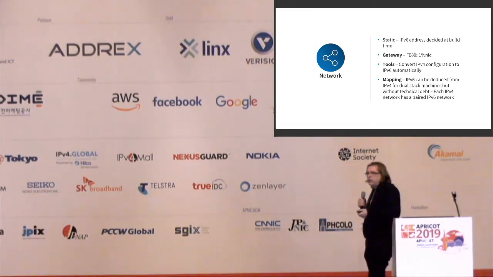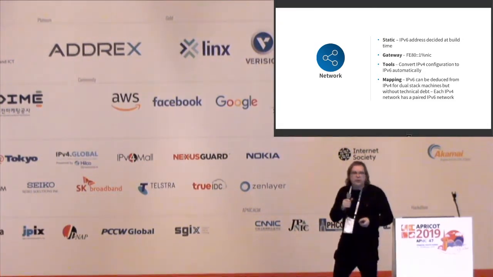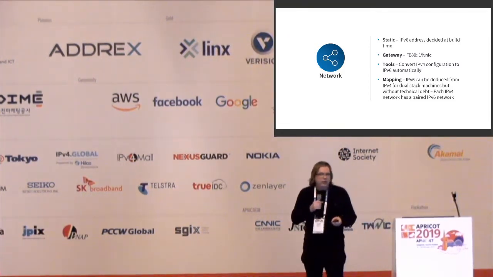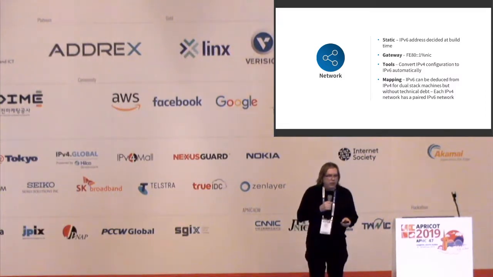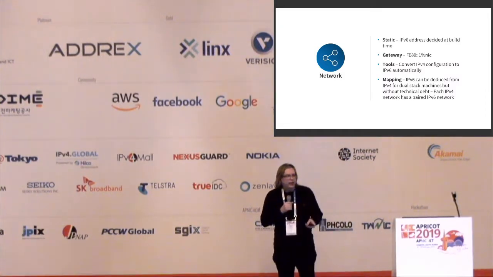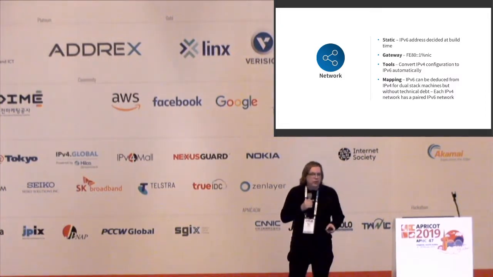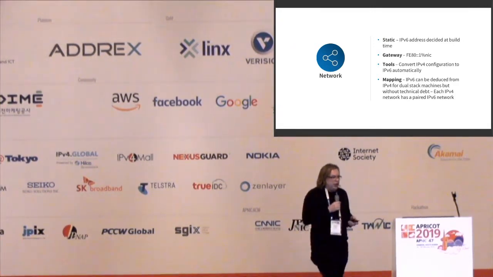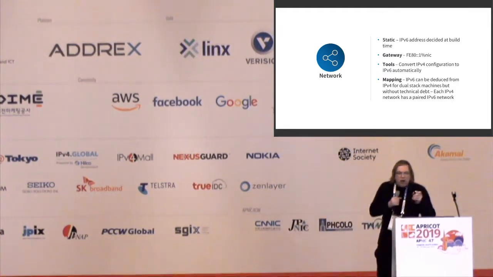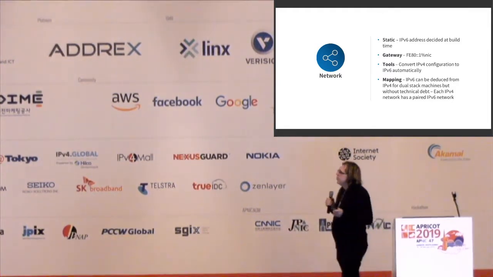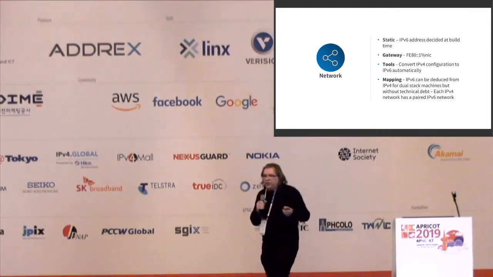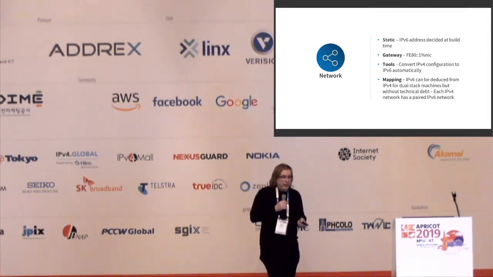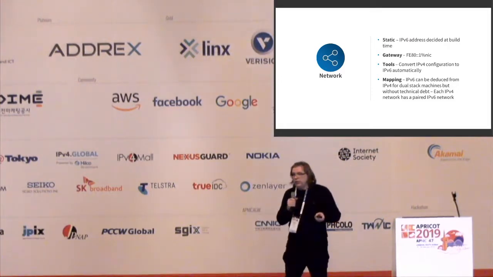Tools: you need to convert your tools from IPv4 to IPv6. When you are deploying at scale, then you need automation. When you have a large data center, you want to be able to build hundreds or thousands of servers at a time, so you need to change your tools. Also, when we did this conversion, we found a mapping between IPv6 and IPv4 so that we could use it in many other tools.